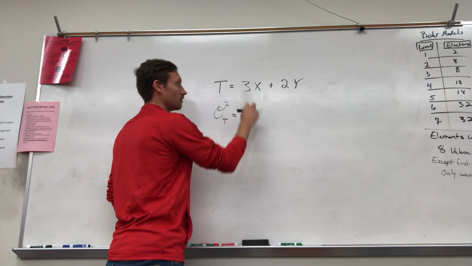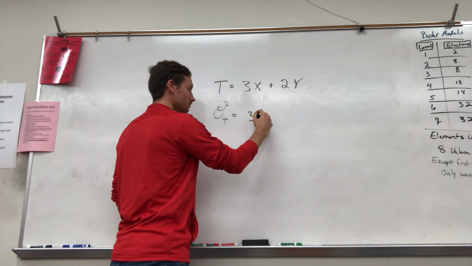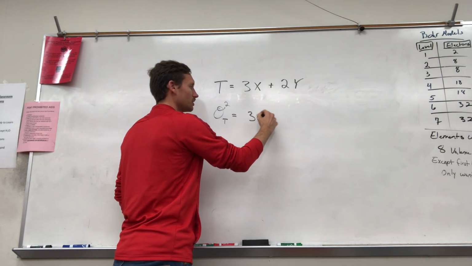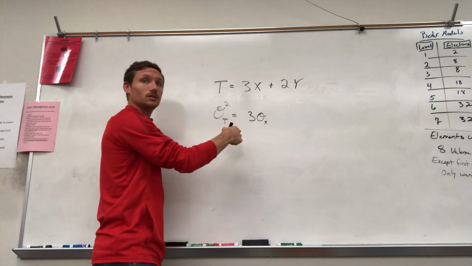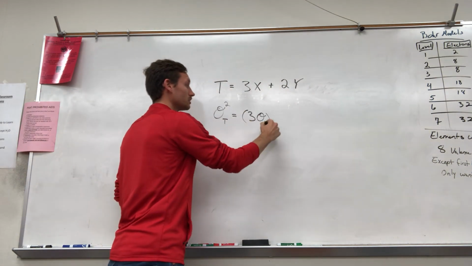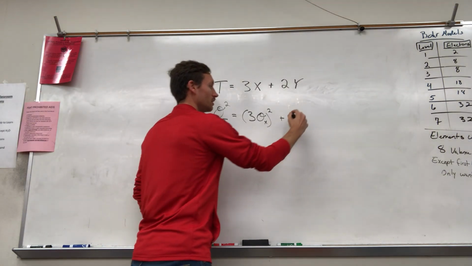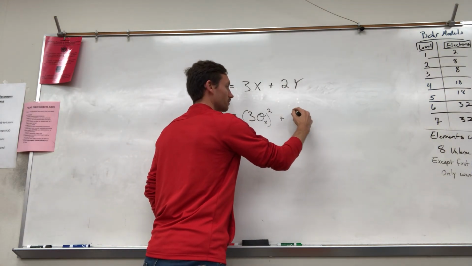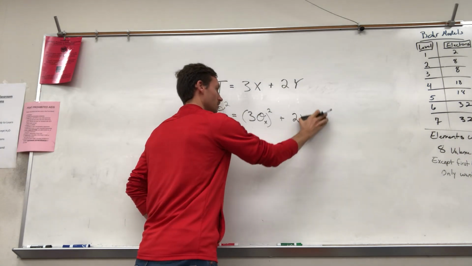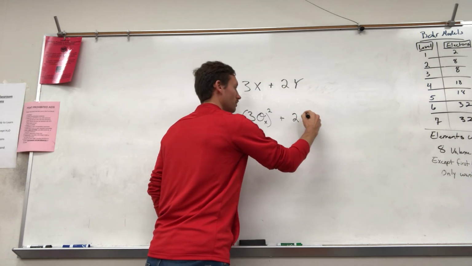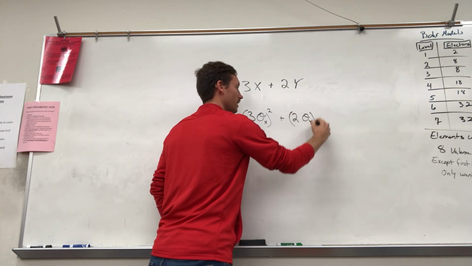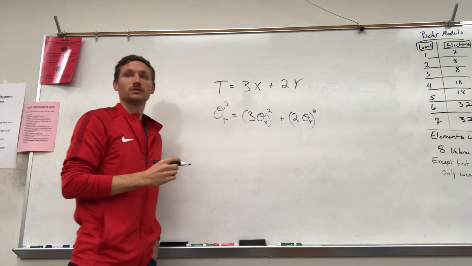So I'm going to do the variances combined. The variance of 3 times X is going to be the standard deviation of X times 3, squared to get the variance. Then I add the standard deviation of the points for Y, and then I square it to get the variance.